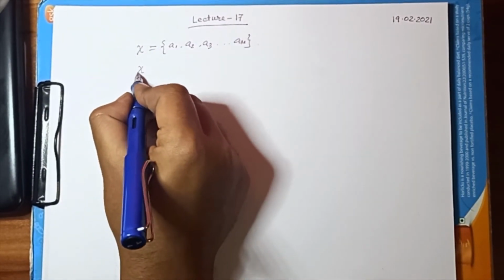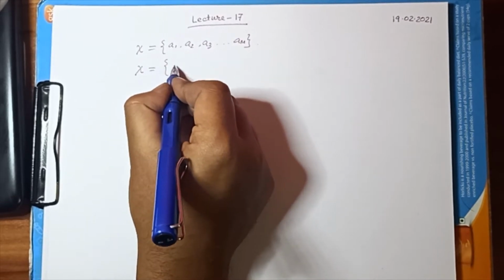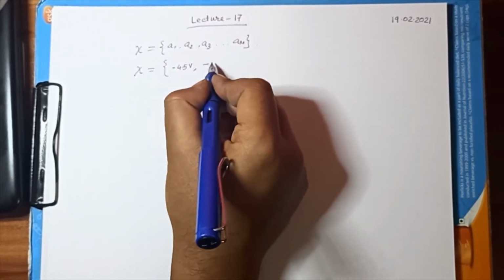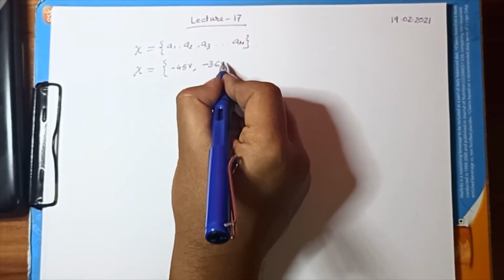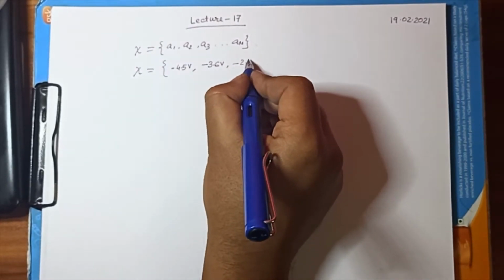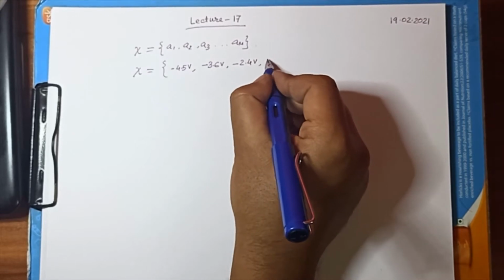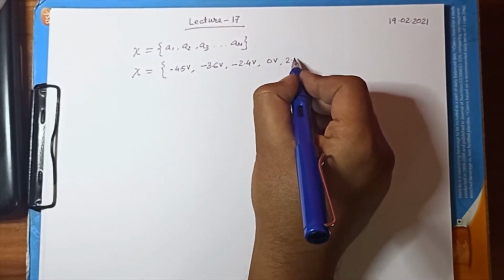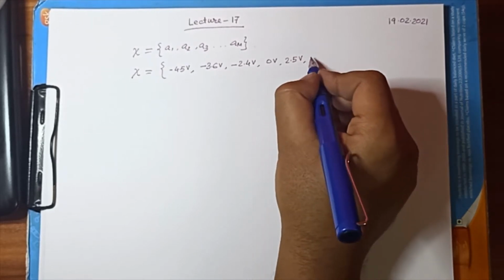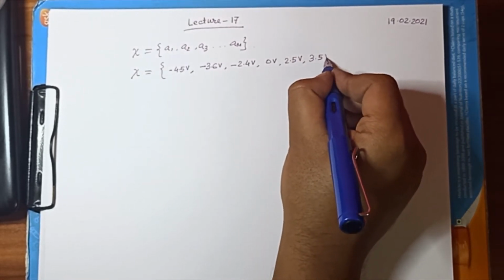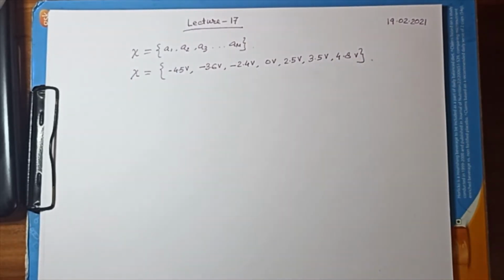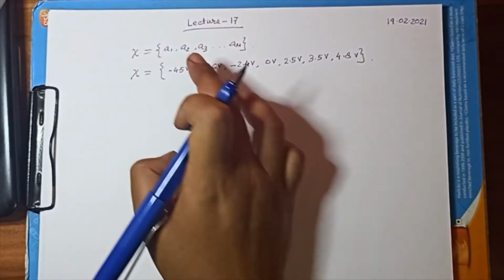So this alphabet can be, say, minus 4.5 volt, minus 3.6 volt, minus 2.4 volt, 0 volt, 2.5 volt, 3.5 volt, 4.8 volt, etc. These are some typical values: you apply some quantization rule and these are the so-called representative points.